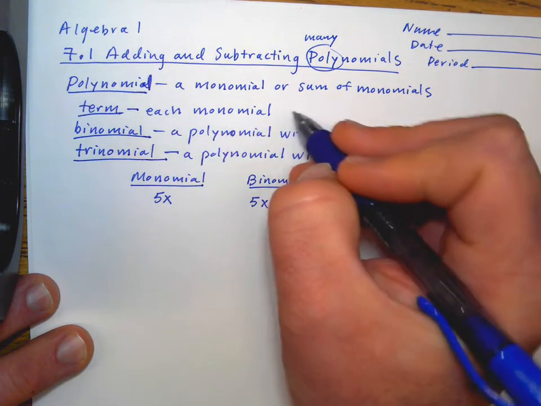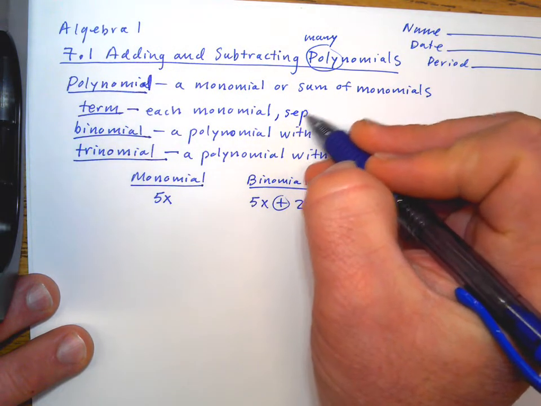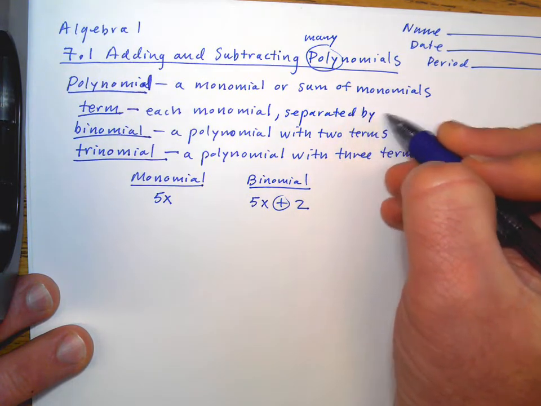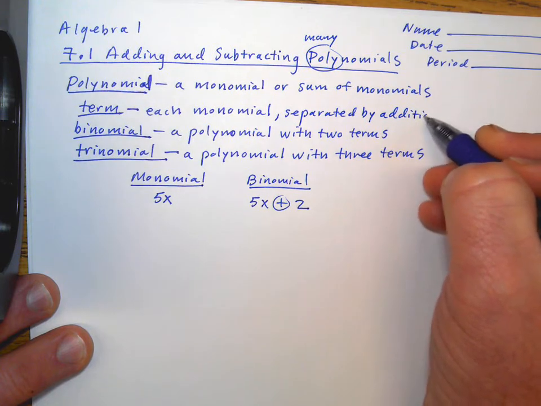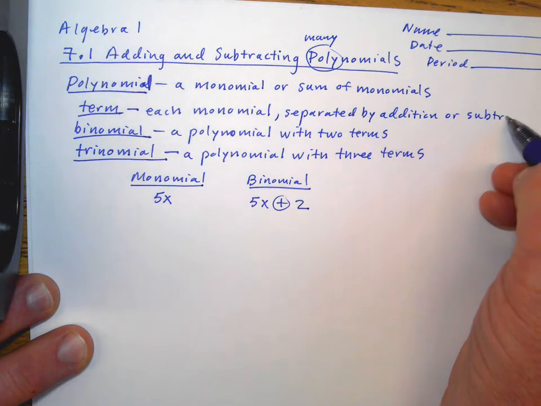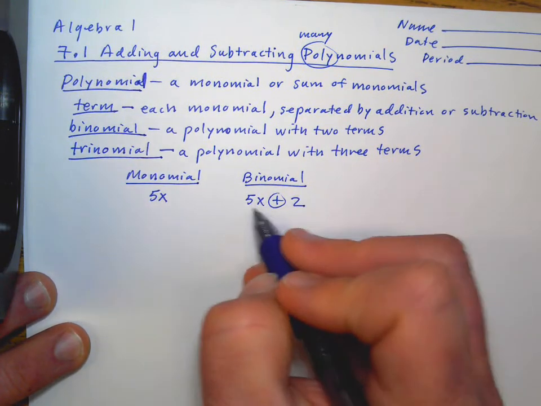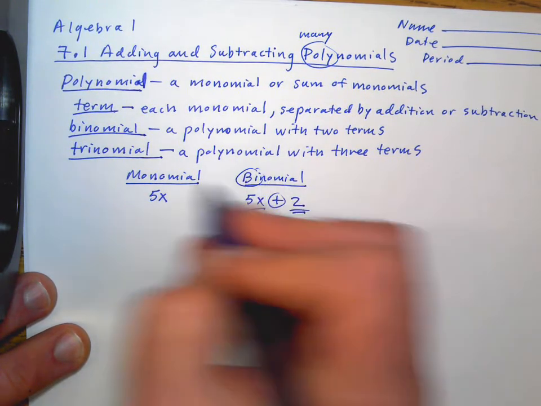Terms are separated by addition or subtraction. Okay, so 2 terms, binomial, 1, mono.